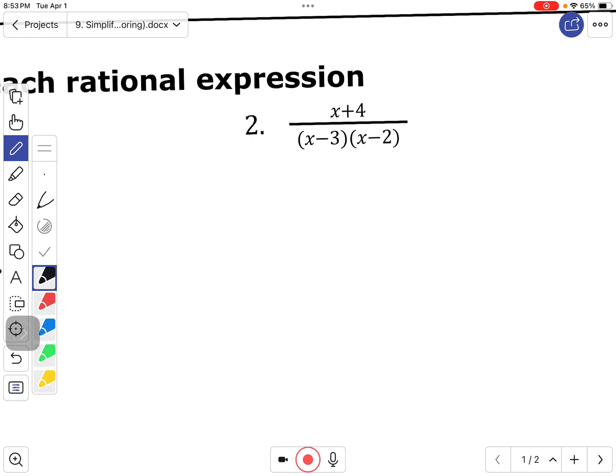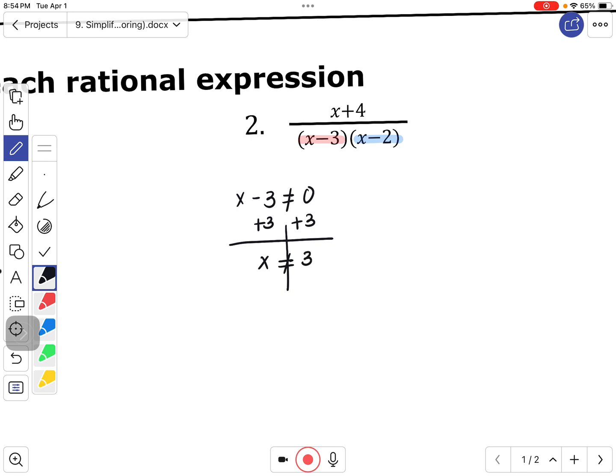Okay, so let's look at number 2. We're going to do the same thing. I don't want this to be 0, and I don't want this to be 0, so I'm going to set them not equal to 0. I'm going to say x minus 3 cannot equal 0. To get rid of minus 3, plus 3, plus 3. You always do the opposite. So x cannot equal 0 plus 3, which is 3.